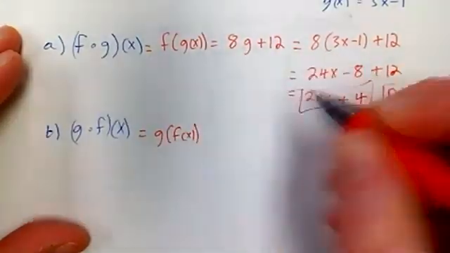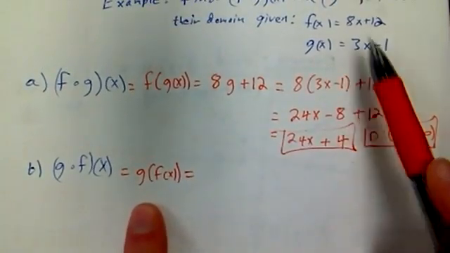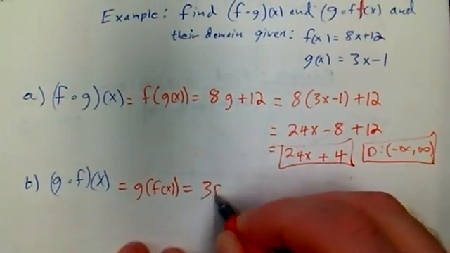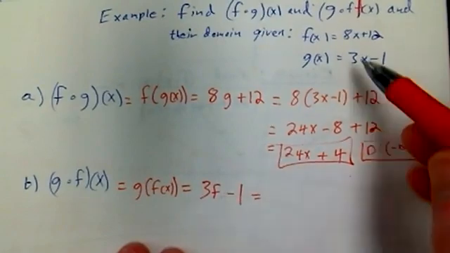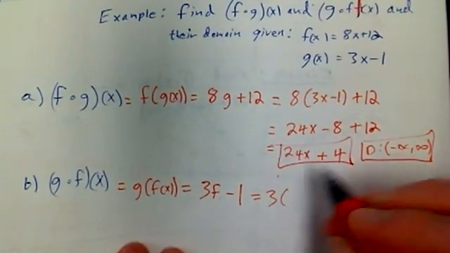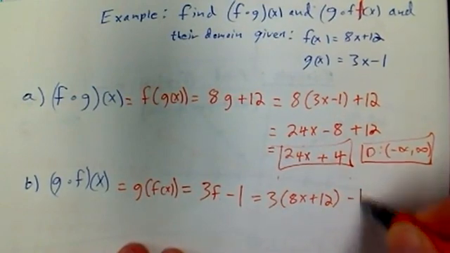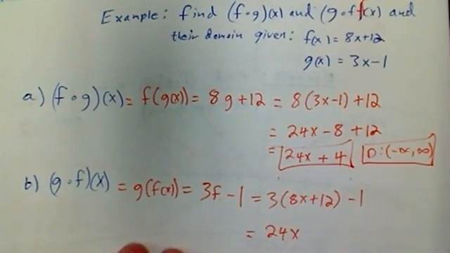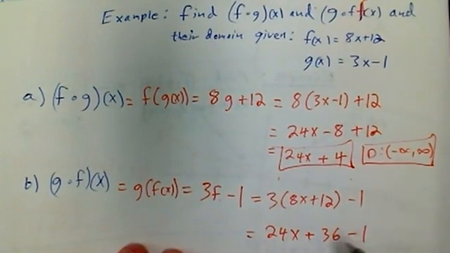So you can probably imagine what we have to do. We're going to look at g, and wherever we see an x, we're going to put in f. So this is going to be 3f minus 1. Fill in what f is. So 3 times 8x plus 12, minus 1. That's going to be 24x, so we're seeing that 24x again, plus 36 minus 1.